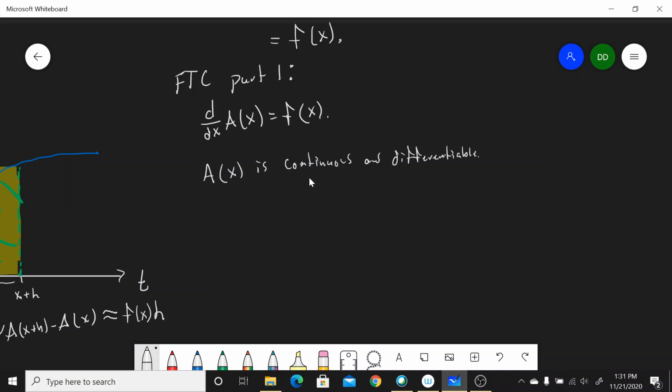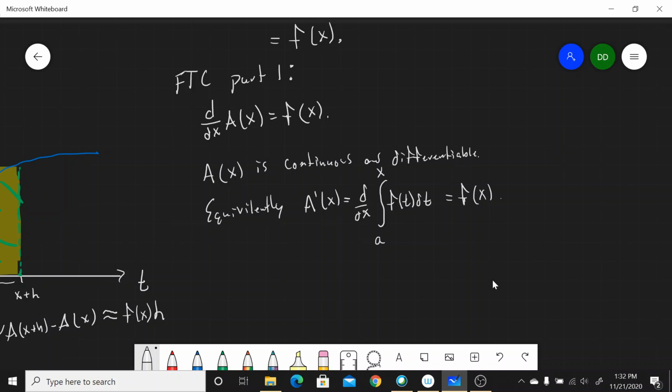So I'll write this in an equivalent statement. Equivalently, A prime of x, the derivative of my area accumulation function, is the derivative with respect to x of A of x, which is the definite integral from a to x of f of t dt. So this is an important way to write this: the derivative of a definite integral, where my right endpoint is variable, and I take the derivative with respect to that variable, gives me exactly little f of x.